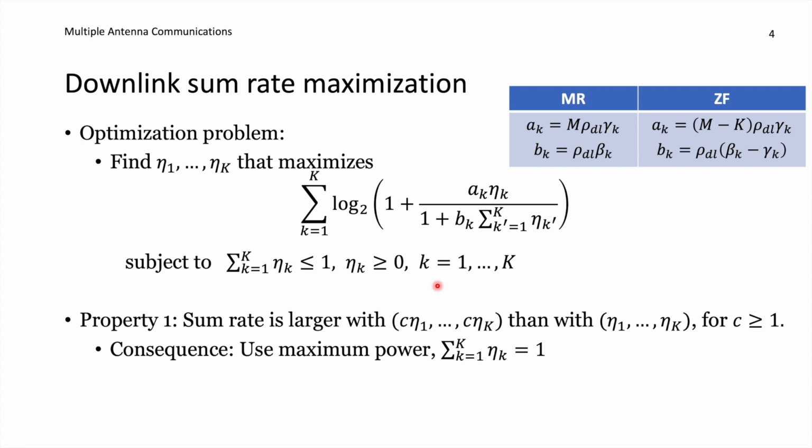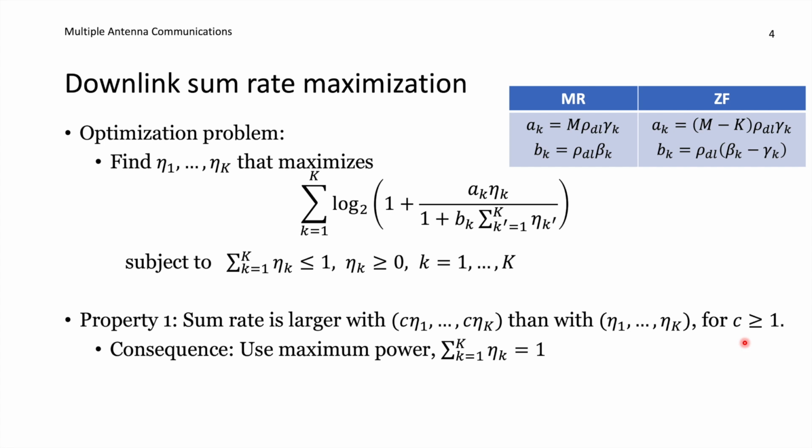And the consequence of this is that if you give me any choice of the power control coefficients, then I can always increase all of them by the same factor to improve our performance. And if the original selection of the power control coefficients summed up to something smaller than 1, well then I can increase it by a factor so it becomes equal to 1.